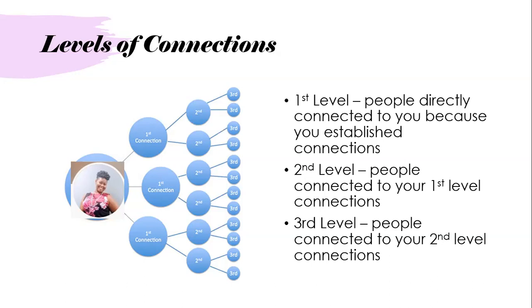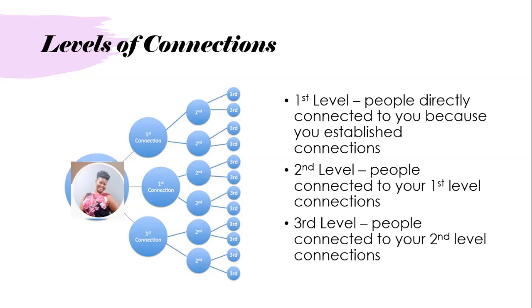The people that are listed as second level, sometimes you're going to actually see next to their name or their picture, second. If you see second, they're not connected to you, but they are connected to one of your first level connections. So one of the people that know me, they're not connected to you.